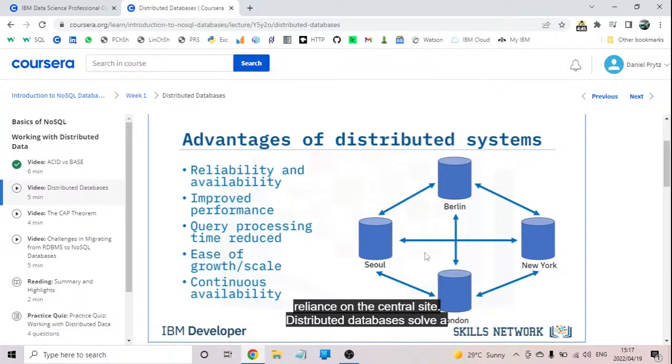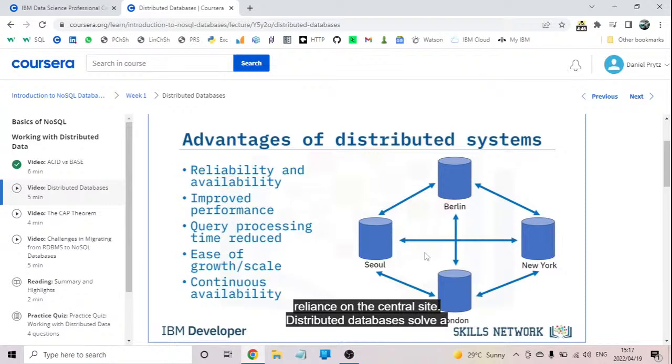It can handle very large amounts of data by, for example, sharding or partitioning the data across multiple servers.